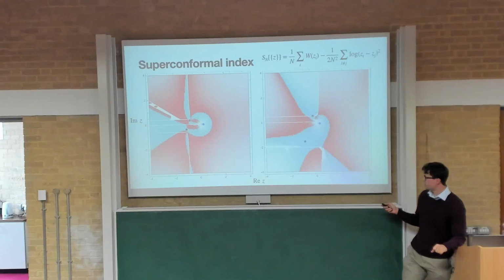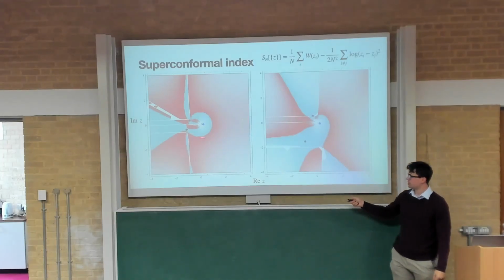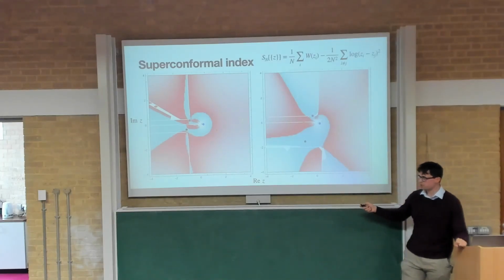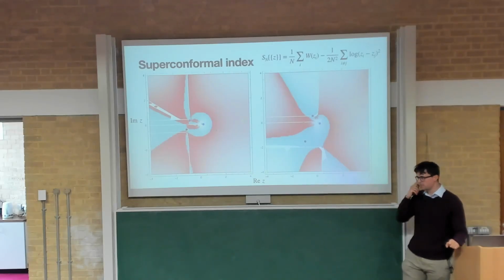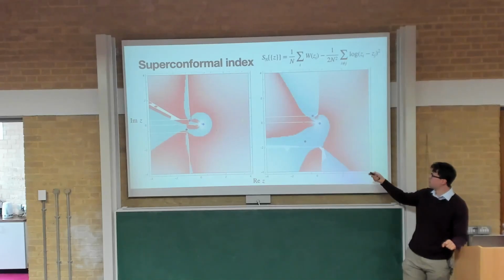So instead of a distribution on the unit circle, you get more complicated distributions like this. The boundary between the red and green regions is where the eigenvalue density has support, and in this case it looks very different from the unit circle.